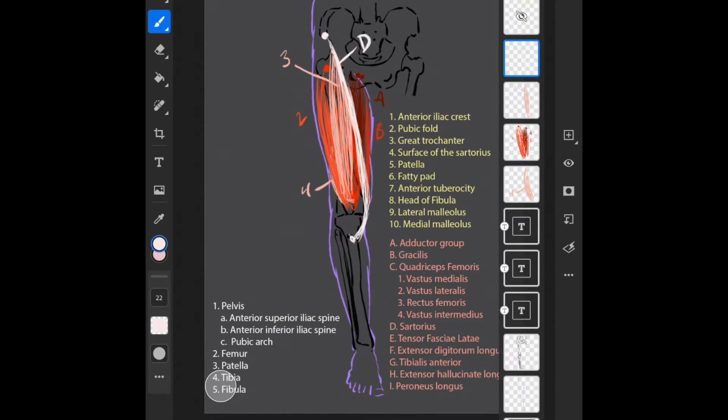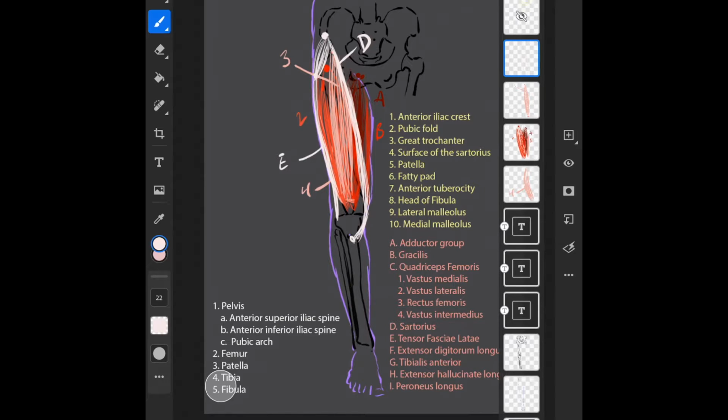That's going to be D. And then on the opposite side, we have another muscle that bulges only up to the point of the trochanter, and then at the trochanter, where it attaches, it turns into tendon that runs all the way along the outside of the leg and attaches itself to the lateral epicondyle of the tibia right here. It's one of the straps, one of the insertion points that you're going to see from the side of the leg. That's the tensor fasciae latae.